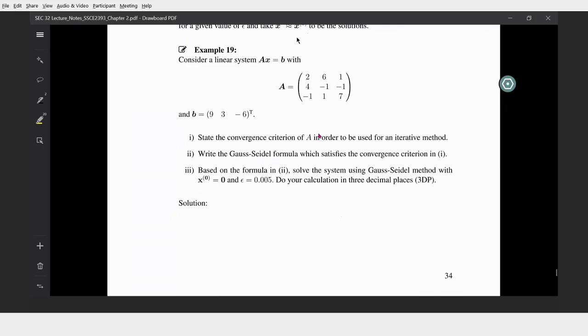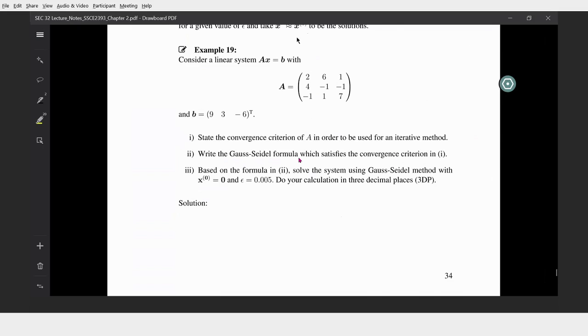So we put at the first place, state the convergence criteria, hoping that students will be aware that they should check for it. A guideline to the student.